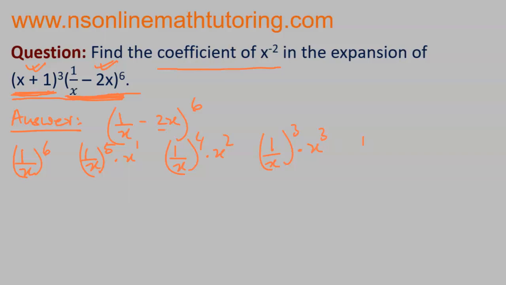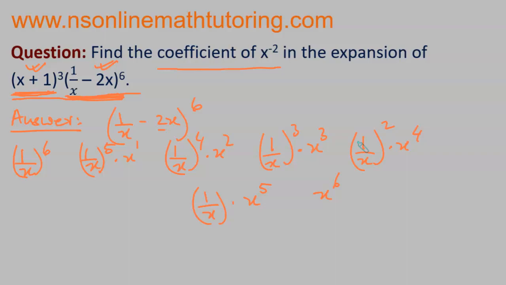Next one, 1 over x raised to the power of 2 times x to the power of 4. 1 over x times x to the power of 5 and finally x to the power of 6. These are the 7 terms, excluding the coefficients of course and the signs.